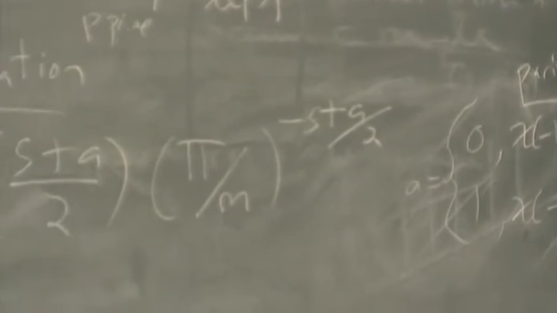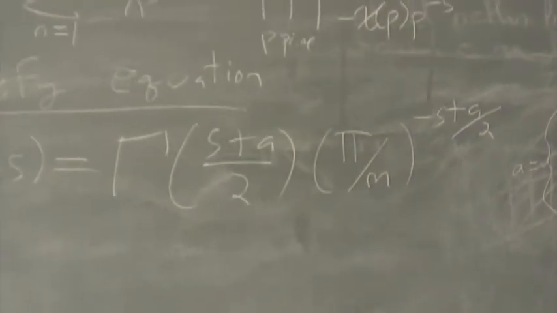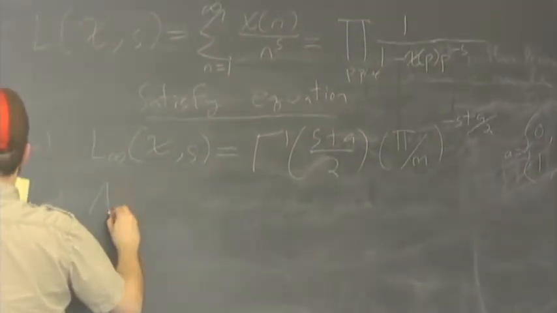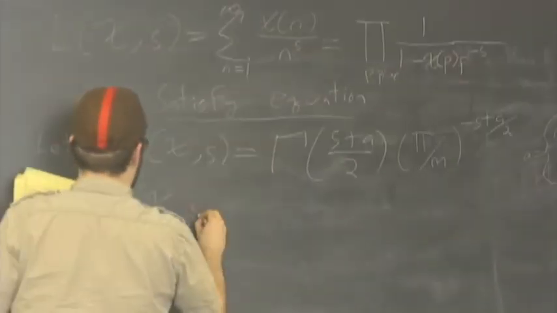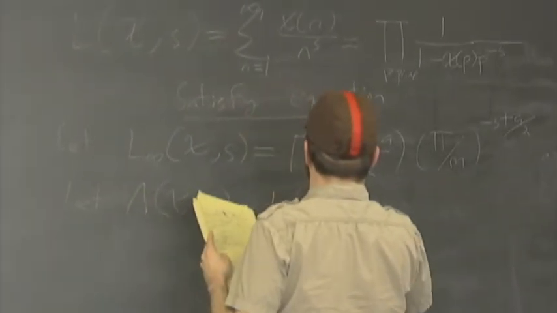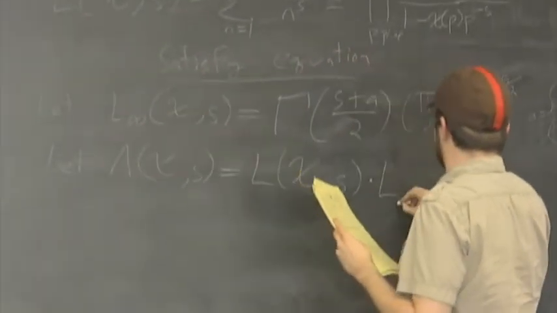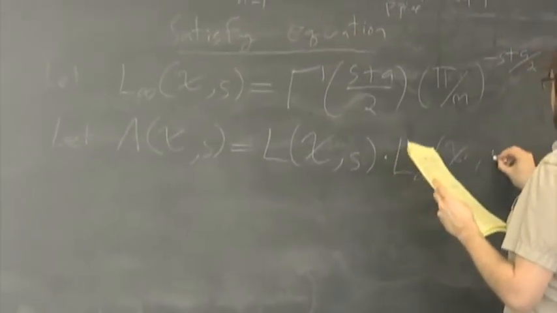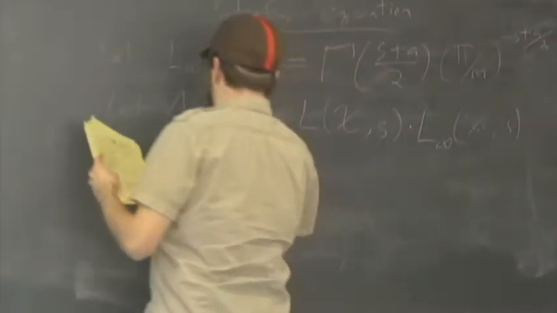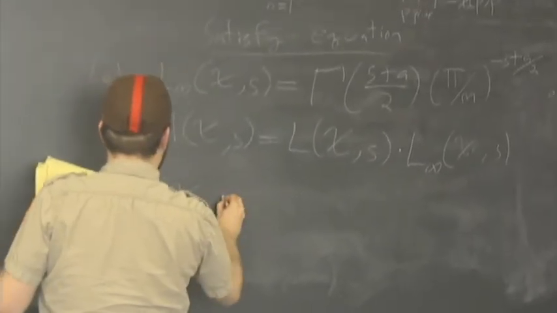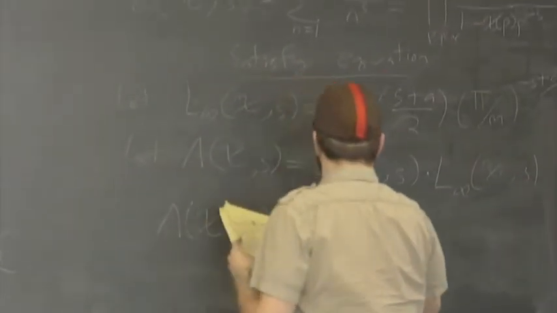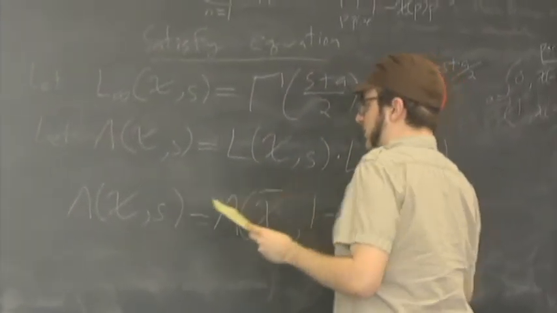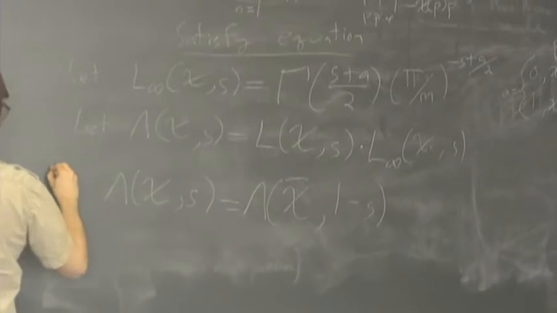Right. So if I just let L infinity mean that, and I let big lambda of chi, s just be L of chi, s times this extra junk that I just wrote down, then we have the equation lambda of chi, s is lambda of chi bar, 1 minus s, and I have to modify it by some sort of trivial coefficient.